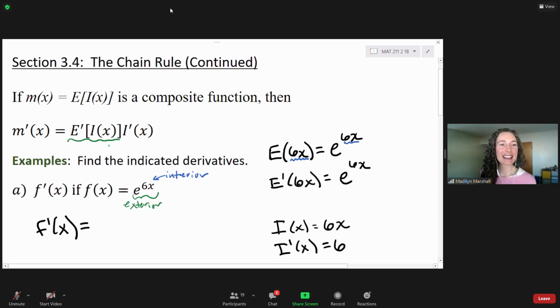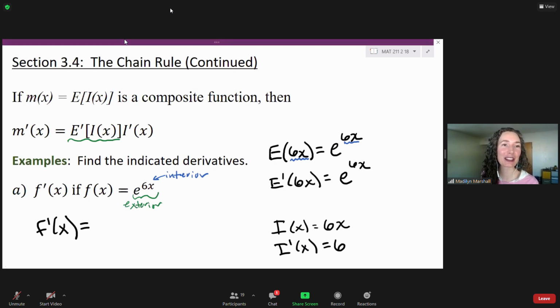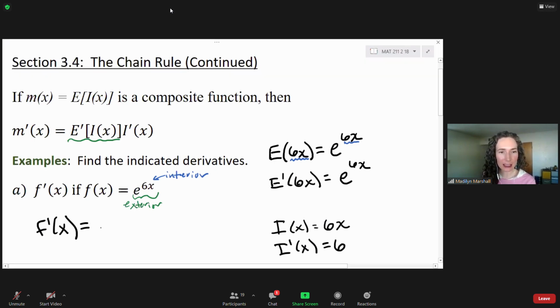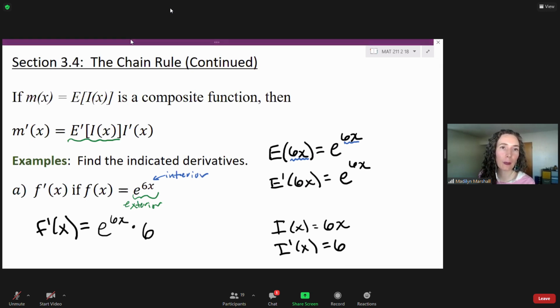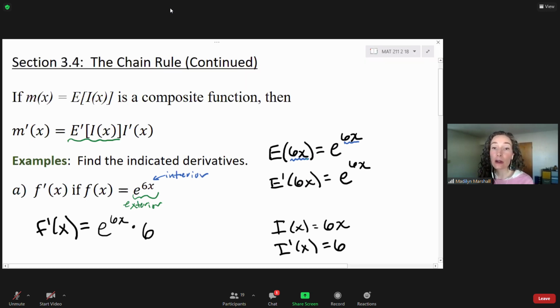Okay, so the e prime of the interior is the first part that goes into our chain rule. So that is the e to the 6x. And then we're multiplying with the derivative of the interior, which is just that 6. So you don't have to go through these things that are written on the right side.